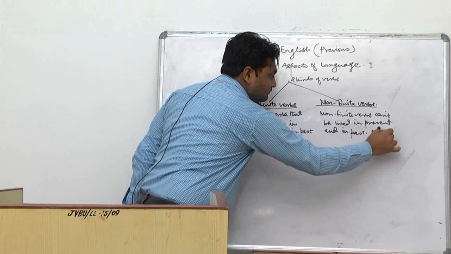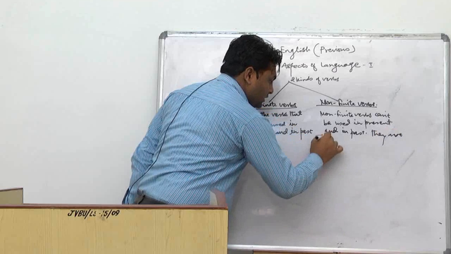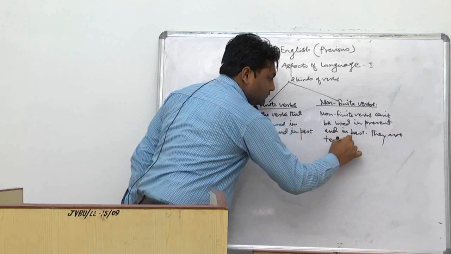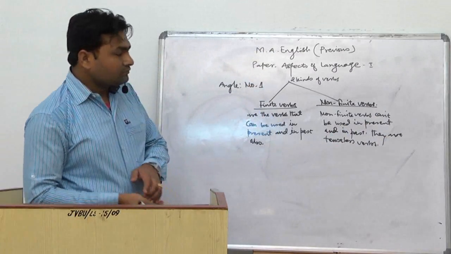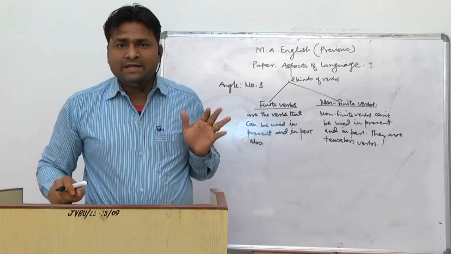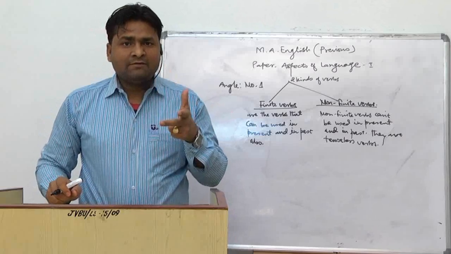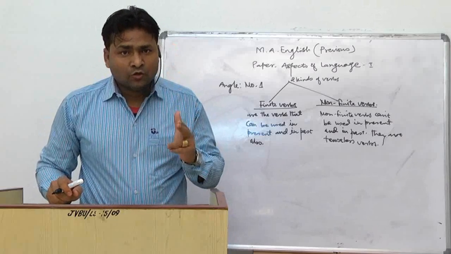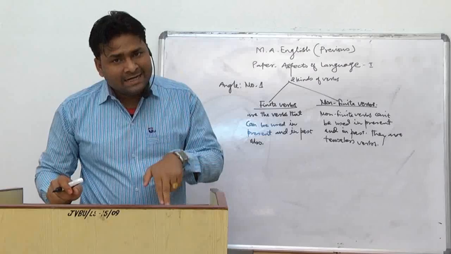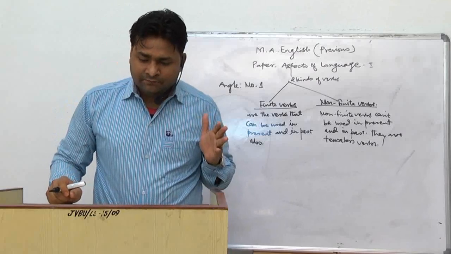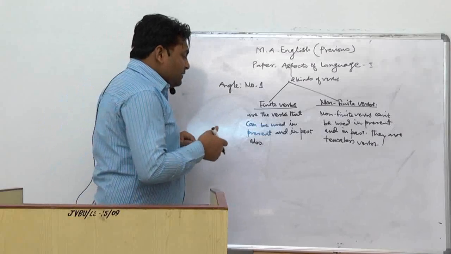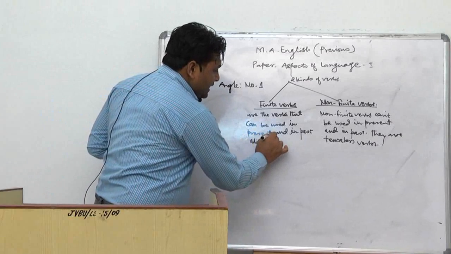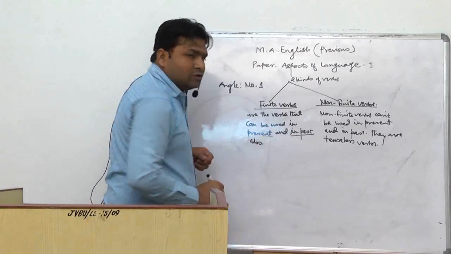They are tenseless verbs. Now the point will become very clear to you. What are the finite verbs? Finite verbs are those which can be used in present and in past tense. It means these verbs can be used in present tense and in past tense also.